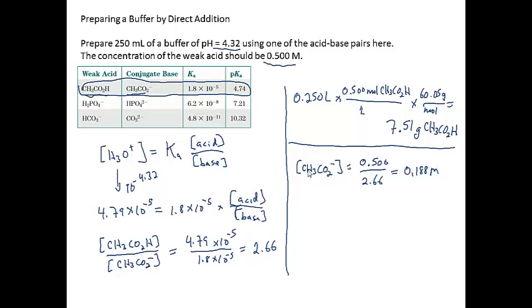And so for the base, instead of using just acetate, I'm going to use sodium acetate, because you can't have a mass of just ions. You have to have a compound you're going to weigh out in the lab.